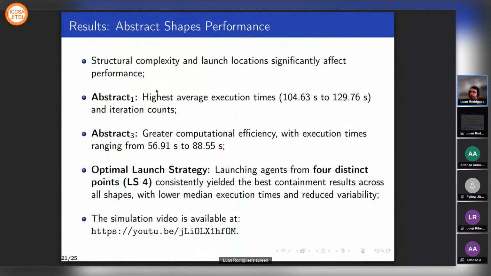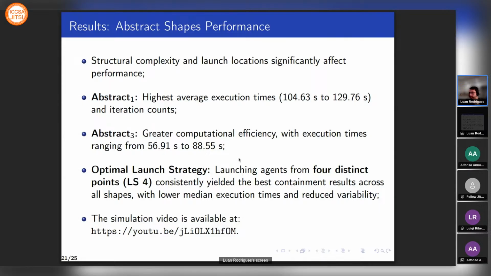The abstract shape one had the highest average time, and the abstract tree was the best of all in terms of execution time, since its shape was slightly easier, less complex to contain.